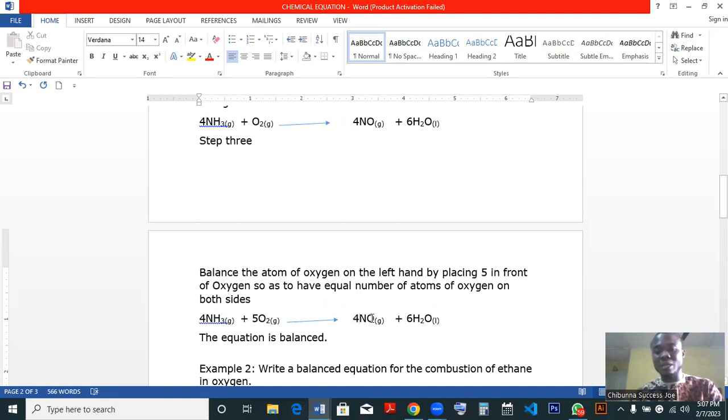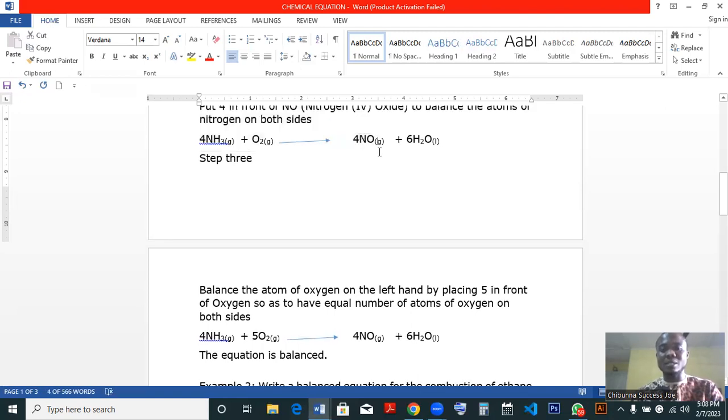invariably we have also increased the atoms of oxygen on the right-hand side. We are having 6 atoms of oxygen here, and 4 atoms of oxygen there. If we add both of them together, we have a total of 10 atoms of oxygen. When you look at the left side, we are having only 2 atoms.